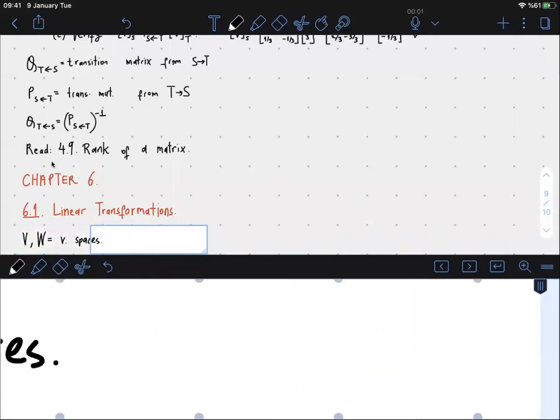You know, vector spaces are really sets, so we can define some functions between them.